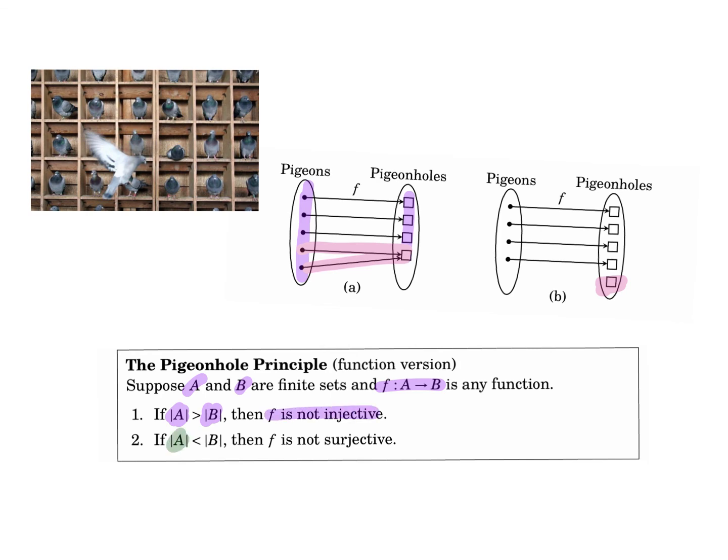And if there's less stuff in A than there is in B, then you can't cover all of the stuff in B, so you can't be surjective. So we can use injectivity and surjectivity to know some things about the size of these sets. And we'll actually see that this is helpful. We're going to use this idea later when we're talking about infinite sets, to think about different sizes of infinite sets by thinking about whether or not there are injective and surjective functions between those sets.